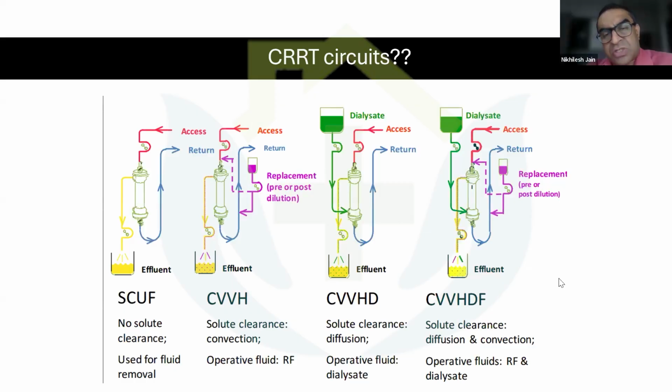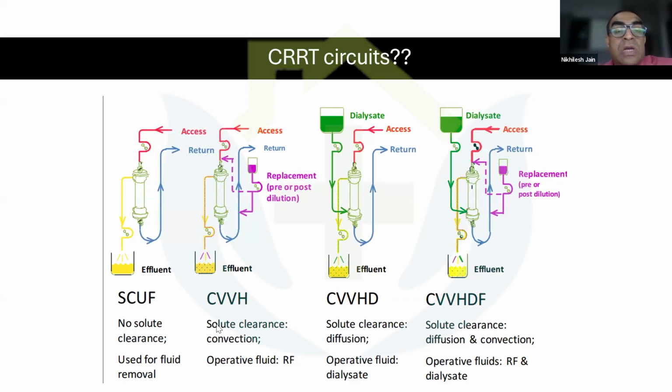Okay, I've gone beyond questions and I've taken up certain images, what I could find, just to enhance your understanding of a few things. So what I've depicted here are 4 types of dialysis. First is SCUF, which stands for slow continuous ultrafiltration, where there's no solute clearance and it is mainly used for fluid removal, right?